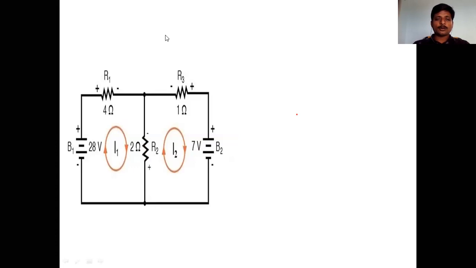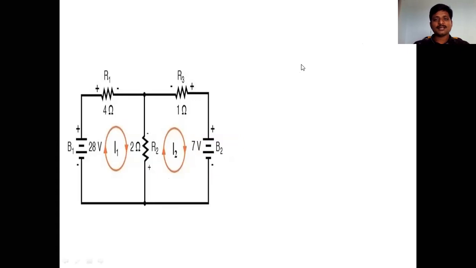Next, at loop 2. Now let us take the problem again. Now we are going to apply mesh analysis or KVL at loop 2. Whenever current is entering the positive terminal, you have to write the voltage drop across R2 as current into resistance. Resistance is 2 and current is I2 minus I1, because we are applying KVL for mesh 2.